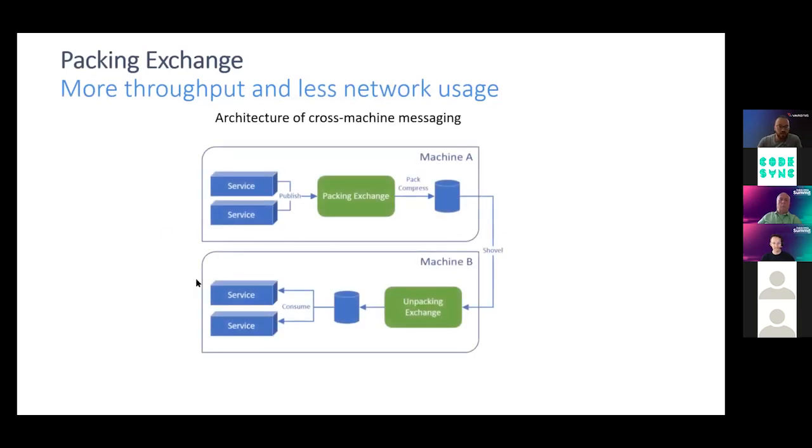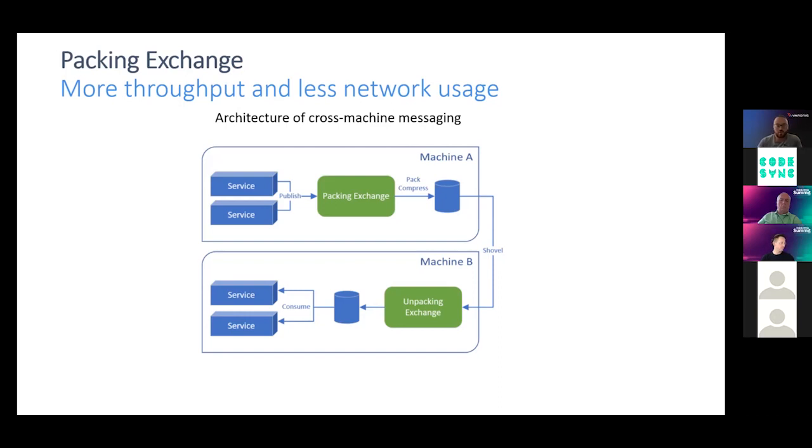Here we have an illustration with 2 machines, machine A and machine B, and we see that we are a distributed system. We have microservices running on both machines, and they want to send messages to each other. The microservices on machine A, if they want to send messages to machine B, have to go through the packing exchange.